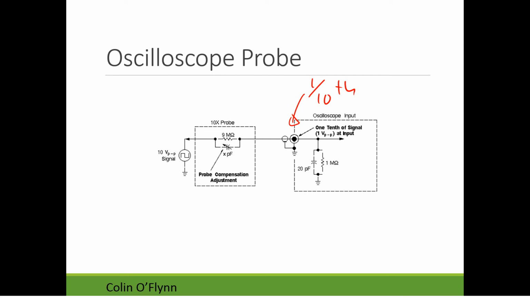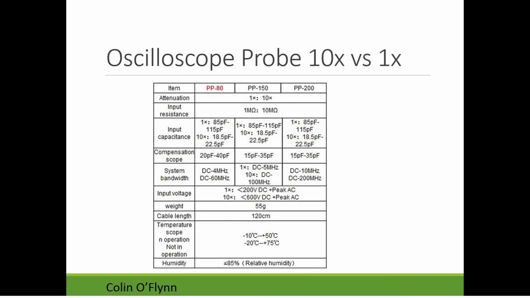And the reason we do this, you might say, well, that seems crazy. Why would you do that when we could just keep it in 1 times mode and never have to deal with this? The reason is related to circuit loading. That's one of the main reasons. If I look at an oscilloscope probe, this is just a few different probes. Let's look at this one here and ignore all this.